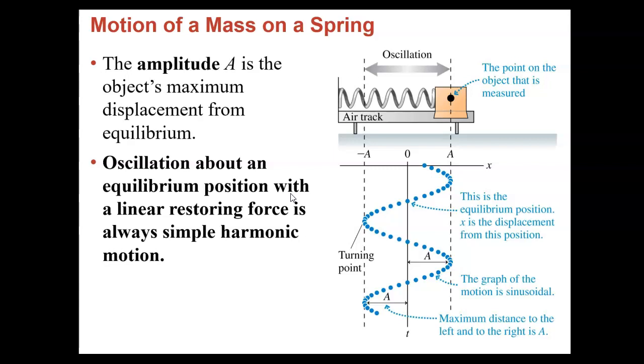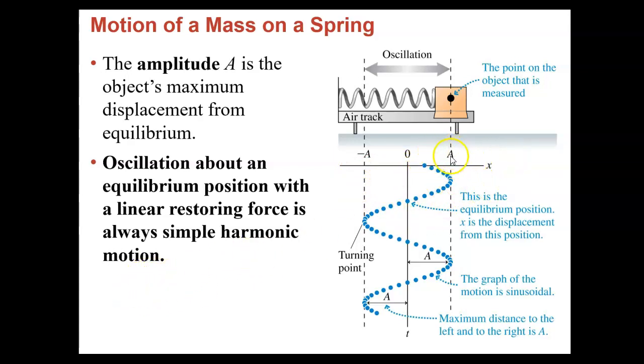So amplitude is how far you pull it, and it's going to again make a sinusoidal curve. If you look at the amplitude, the middle part is your equilibrium resting position. So if the object could bounce back and forth, it would make the sinusoidal curve, much like the pendulum does.